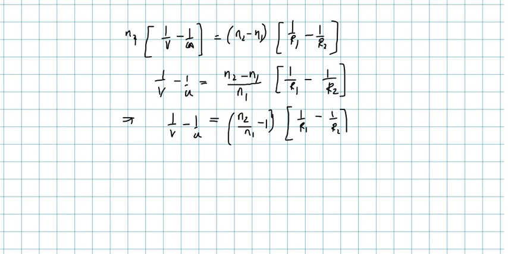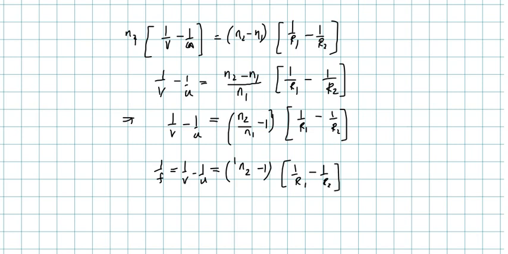Now we can write this. If you remember the lens equation, we know that for thin lenses 1 by f is equal to 1 by v minus 1 by u. So we can easily write this equal to n2 by n1 minus 1 into 1 by r1 minus 1 by r2.